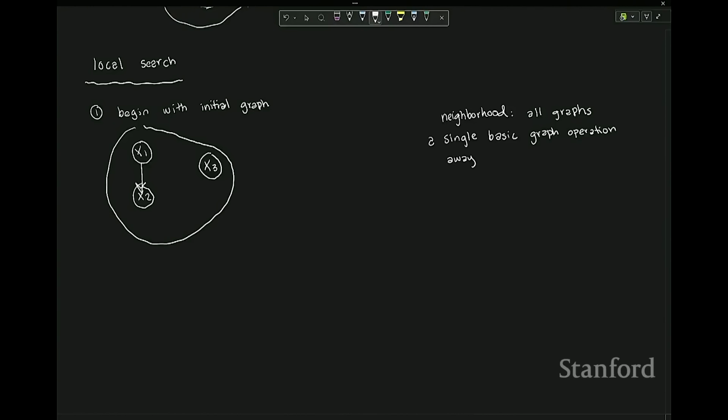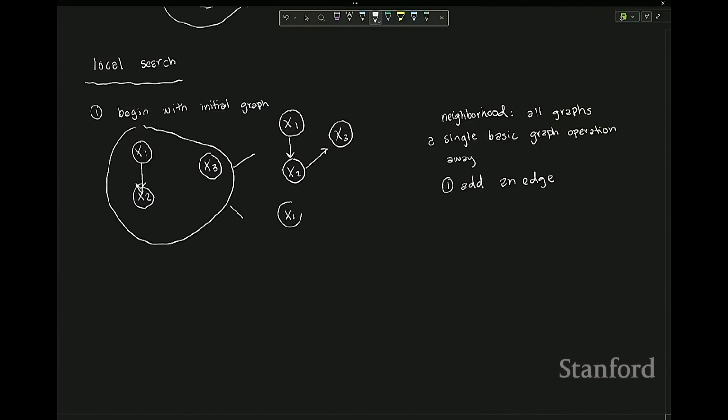There are 3 basic graph operations. First, we can add an edge. There are a number of edges that we could add here so long as we're not introducing a cycle, but one example would be we could add an edge from x2 to x3. The next basic graph operation is we could remove an edge.